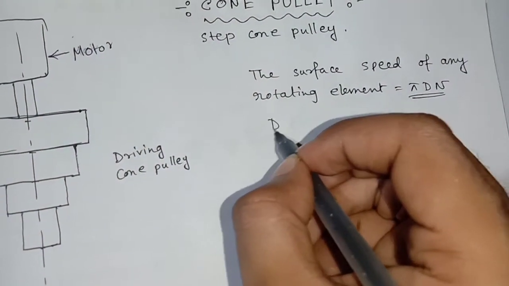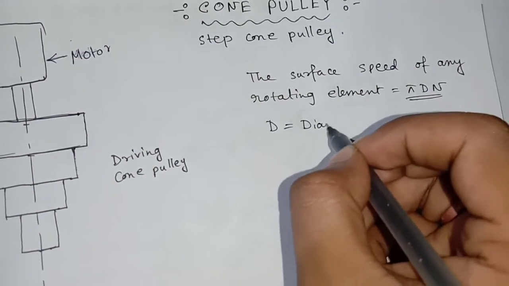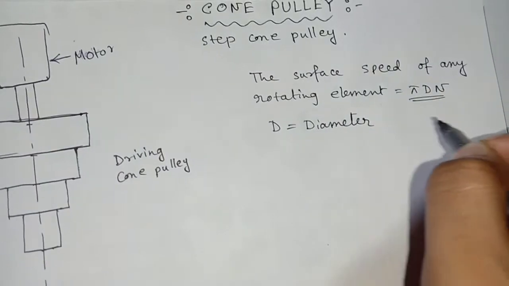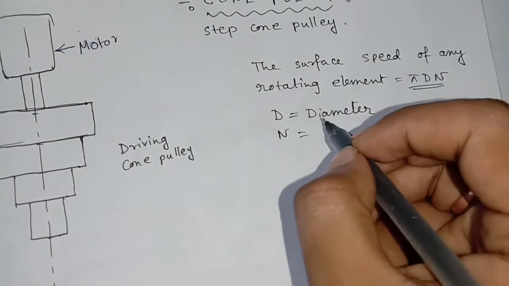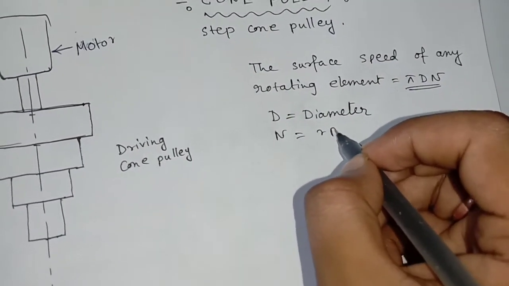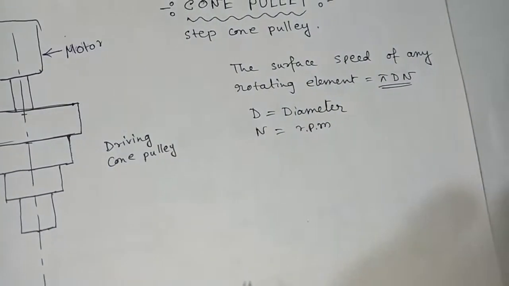Here d is equal to the diameter of a rotating element and n is the rotating speed, or you can say rpm, revolution per minute.